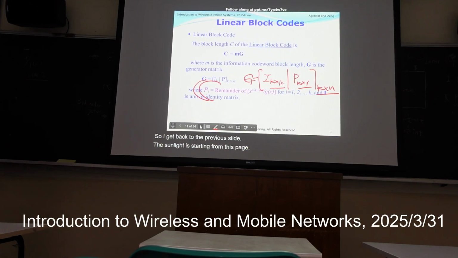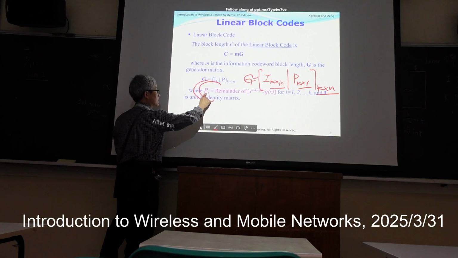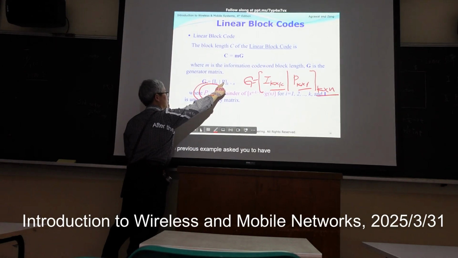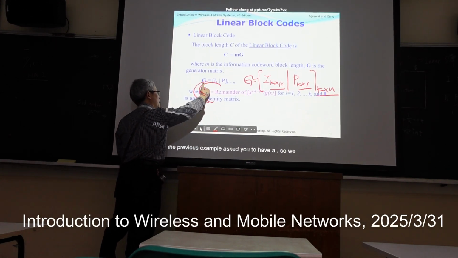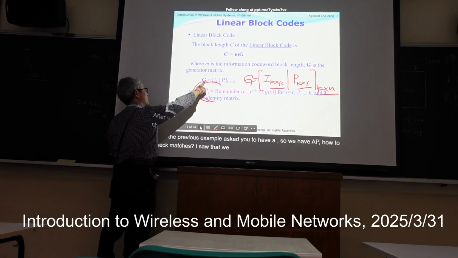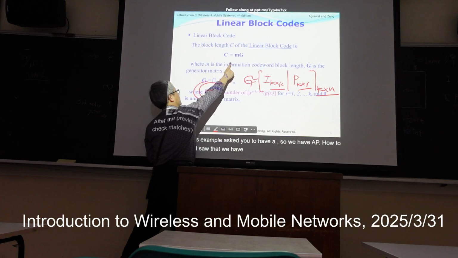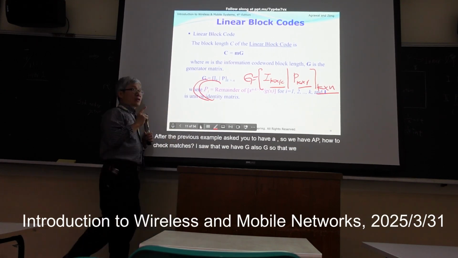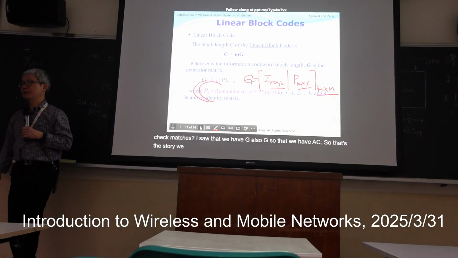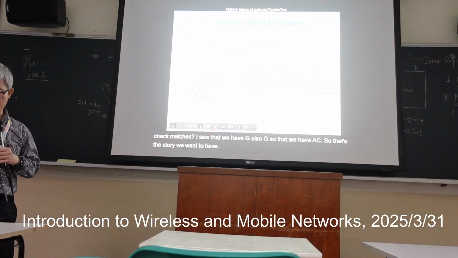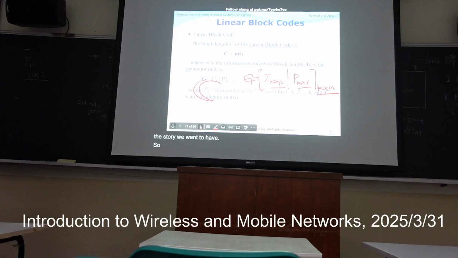The previous example asks you to have a P. So we have a P with the check matrix, and so that we have G. So G, so that we have a C. That's the story we want to have. So almost 1 minute, so let me continue.